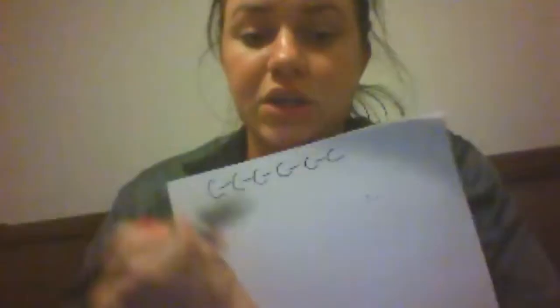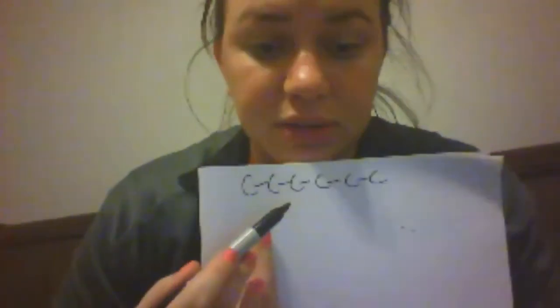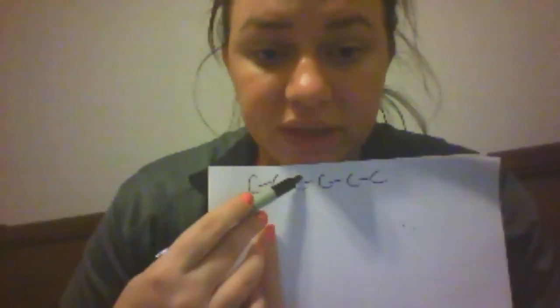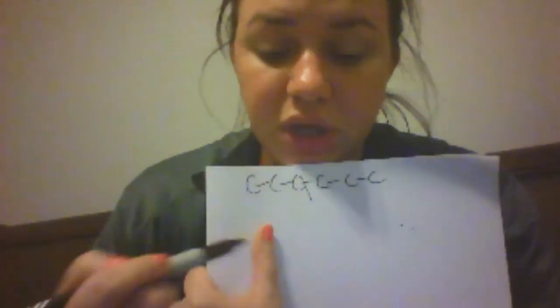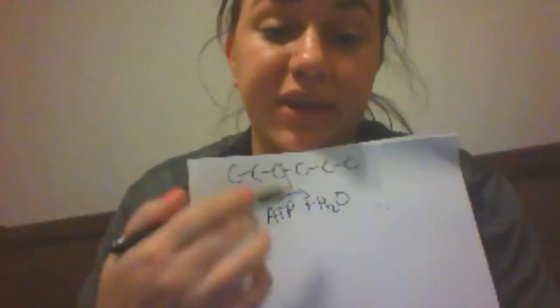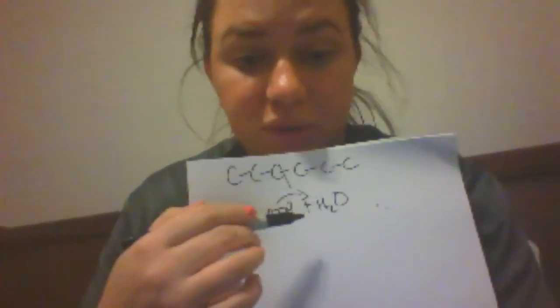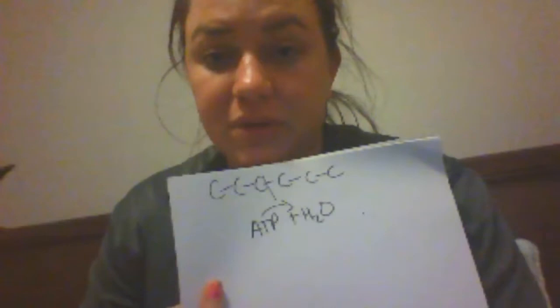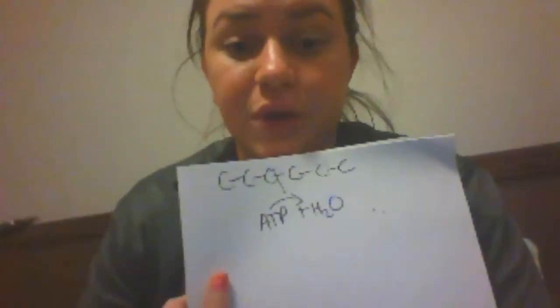So if we look at respiration, you go from your 6 carbon, and we're going to break that. When we break it, we actually end up utilizing ATP and water to chop up the 6 carbon glucose.